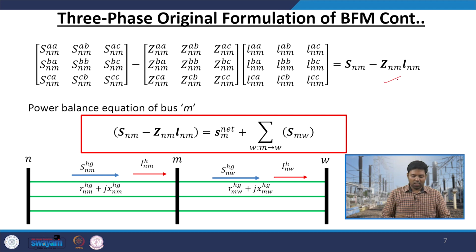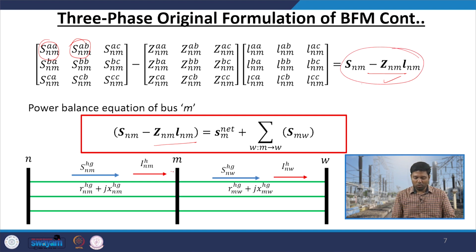Keeping this, if we equate each component from the left hand side and the right hand side, then we can write S n m minus Z n m, this is the net power coming to bus M. So, the power balance equation at bus M is how much power is coming here. This is the net power, that means if you have a load or maybe a DER here, how much is the net amount?